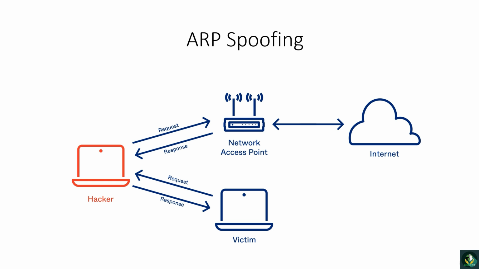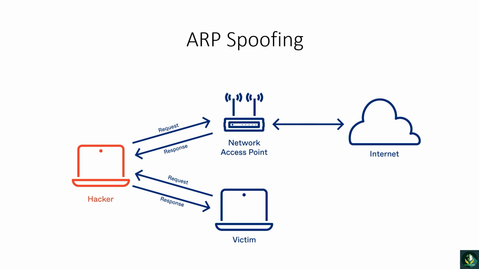Now usually if a user tries to go to a website, let's say for example bbc.com, they will send their request. This initial request will not be sent over HTTPS unless the user types HTTPS. Most users, including myself, don't really type HTTPS in the website URL.